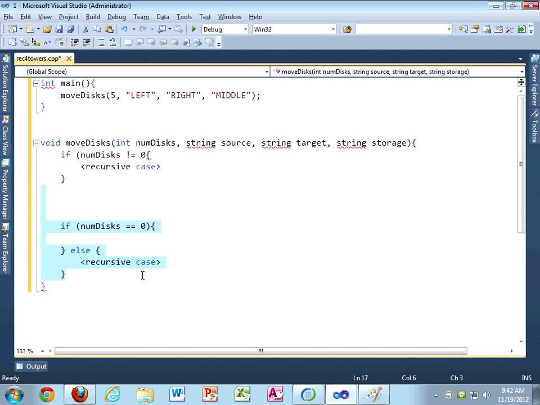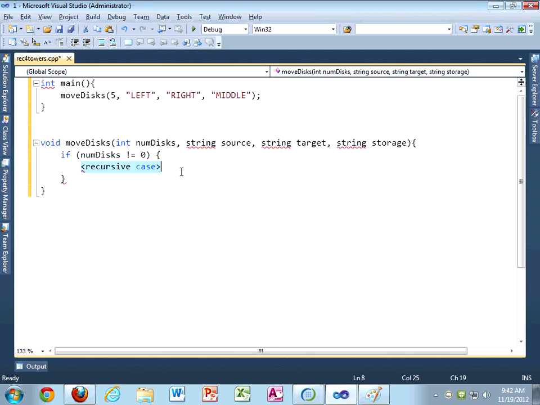So let me get rid of this. We already identified that we have 3 steps, right? First step was move n-1 disks from where?